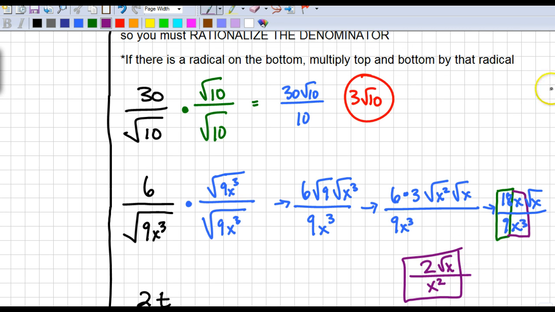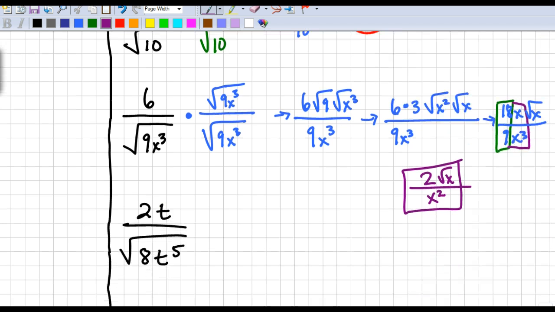So let's try another one. Simplify 2t over radical 8t to the 5th. Whatever that radical is, I'm going to multiply by that on the top and the bottom. On the bottom when I multiply, the radical cancels, leaving you just 8t to the 5th.